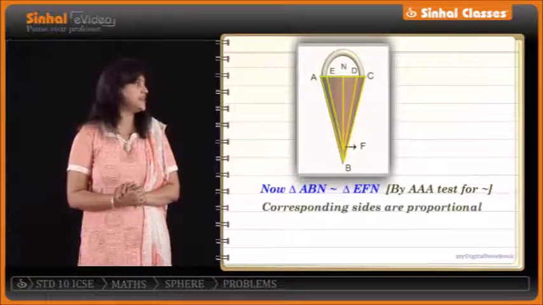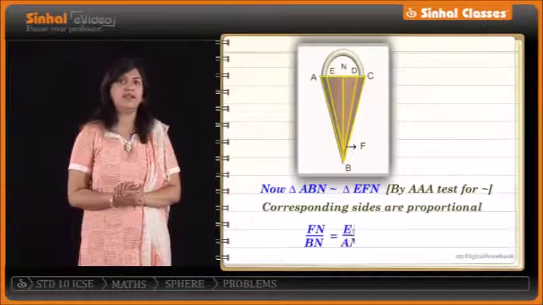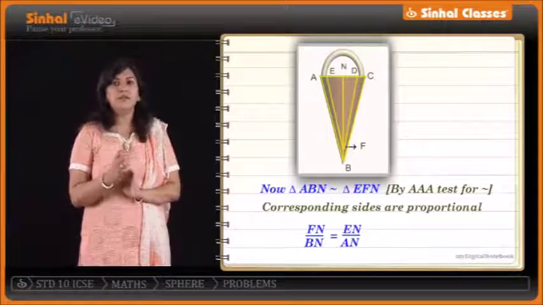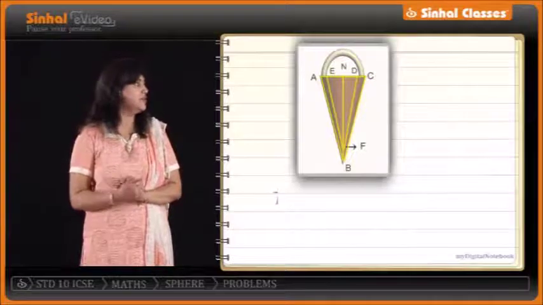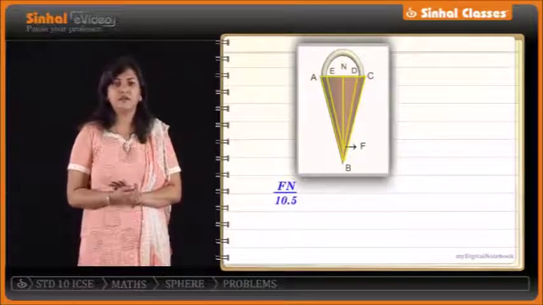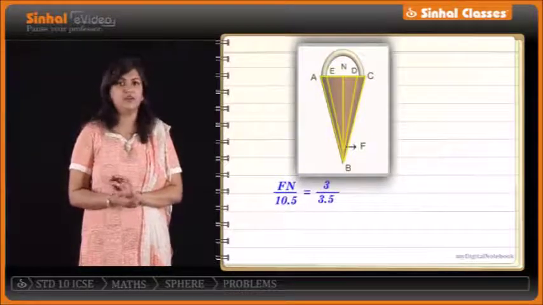So we can write FN upon BN is equal to EN upon AN. Now BN is 10.5 centimeter. Substitute that value, EN we have already found out as 3 centimeter, and AN is 3.5 centimeter.